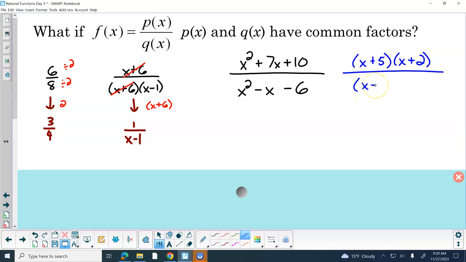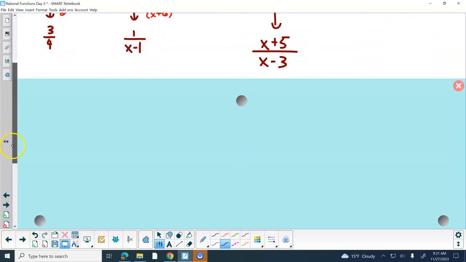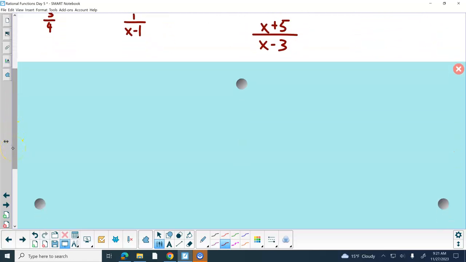I'll finish it: x minus 3 and x plus 2. So what's my common factor? x plus 2. So this one would factor to be x plus 5 over x minus 3. Yes. Okay?